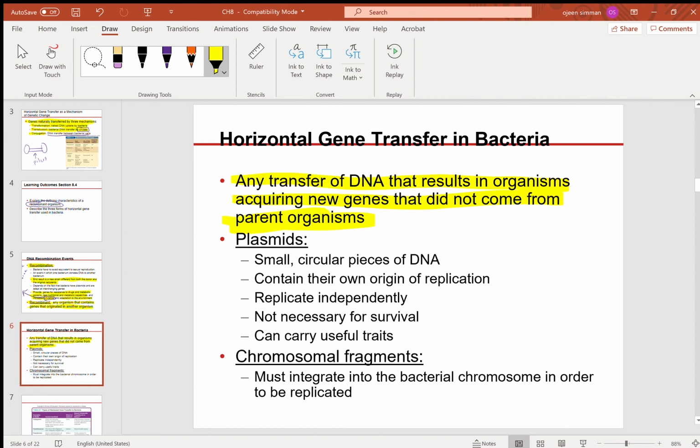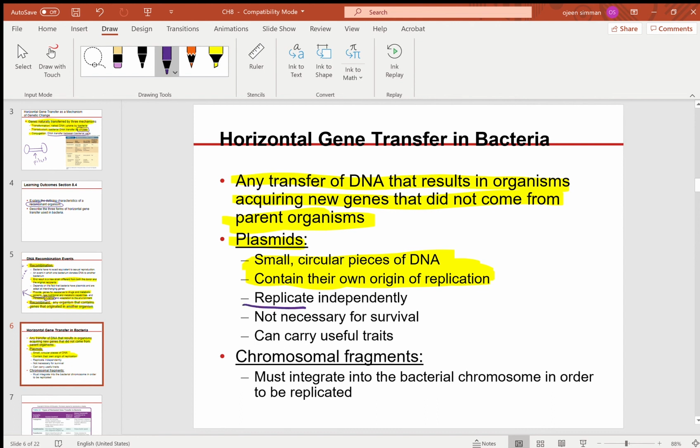So plasmids. Remember what plasmids are? Plasmids are small circular pieces of DNA. They contain their own origin of replication. The origin of replication is the site where replication starts.